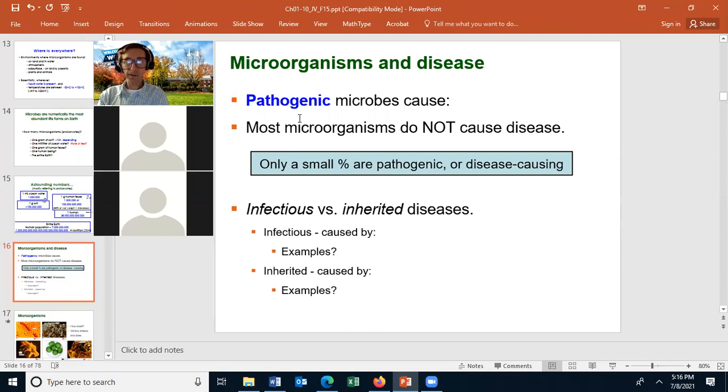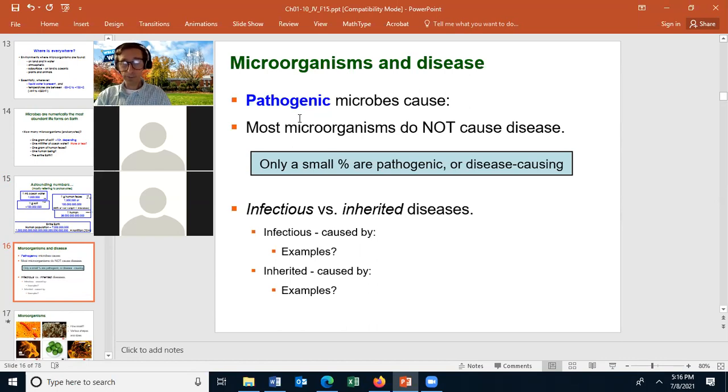Well, we'll move on. An inherited disease is one caused by somebody's genes. So when you're born, you may get an inherited disease. And what's an example of an inherited disease? Cystic fibrosis. Yeah, cystic fibrosis is dependent on the genes that you're born with.